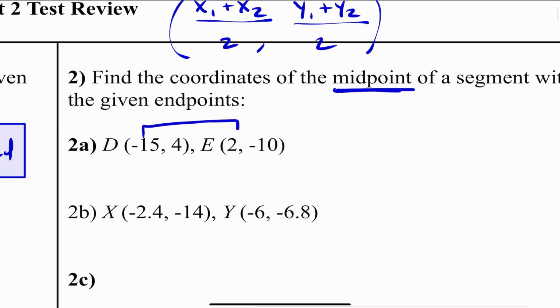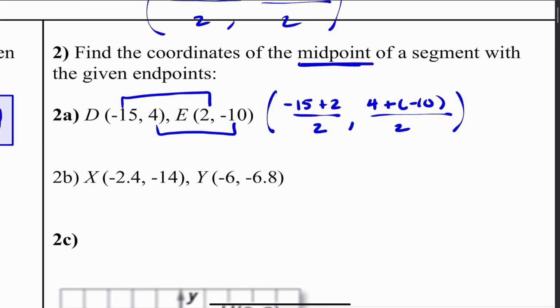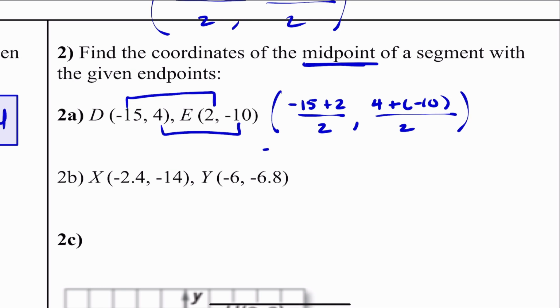So I'm going to use my little brackets again, and I'm saying, okay, that's negative 15 plus 2 over 2, comma, 4 plus negative 10 over 2, and then I simplify that.